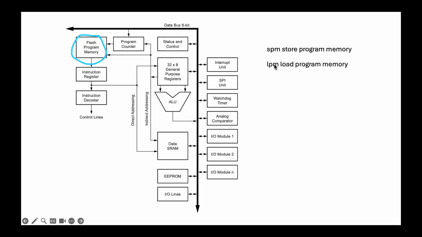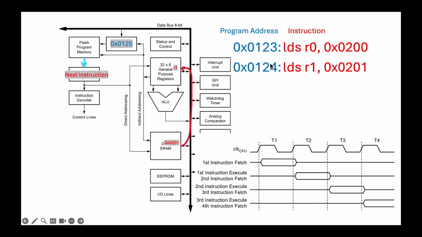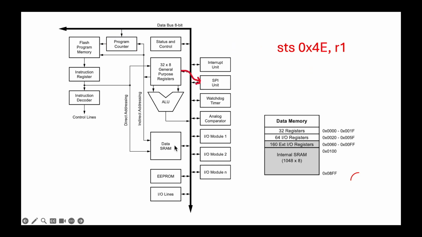And load program memory works similarly. So one thing to note is, why are these separate instructions from load and store instructions? A normal load instruction, let's look at the data memory map.